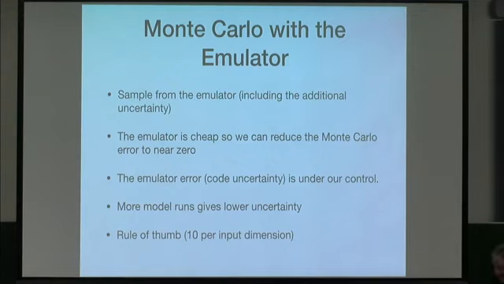Those runs cost, now the rule of thumb is 10 per input dimension to get a good emulator. I often get away with fewer than 10 per input dimension. Sometimes I have to use more. So Monte Carlo for uncertainty analysis becomes a much more enticing prospect than trying to do it with the original model, when it's usually impossible.